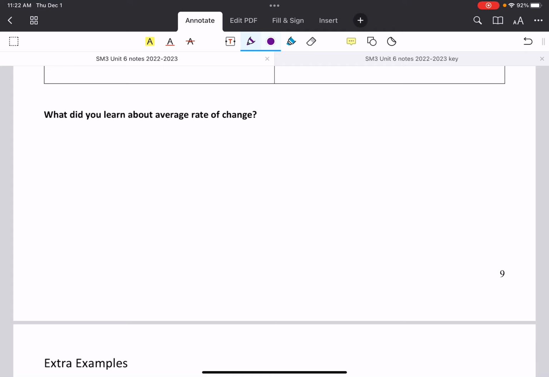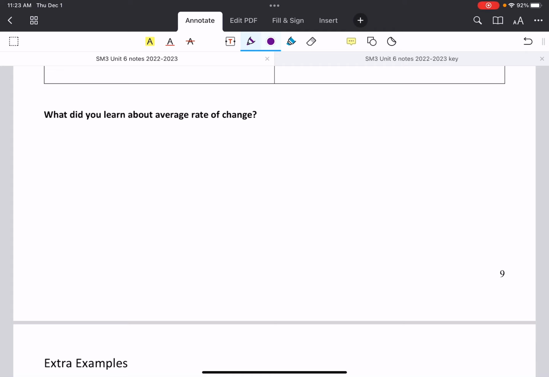Average rate of change is slope over a specific time period. So what we just did with finding the slope of the price of milk between those two points, that was the average rate of change from May 2018 to May 2022. That's simple, right?